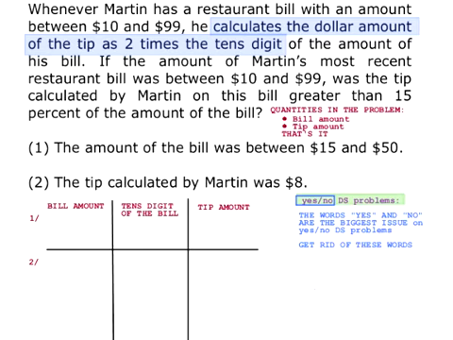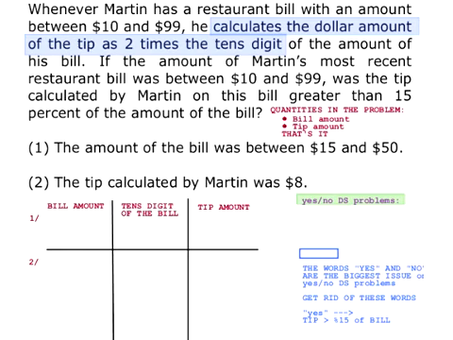So let's take out the word yes and replace that with tip is greater than 15% of the bill. And you know what else I'm going to do here? I'm going to make another column. Let me make this compact here.